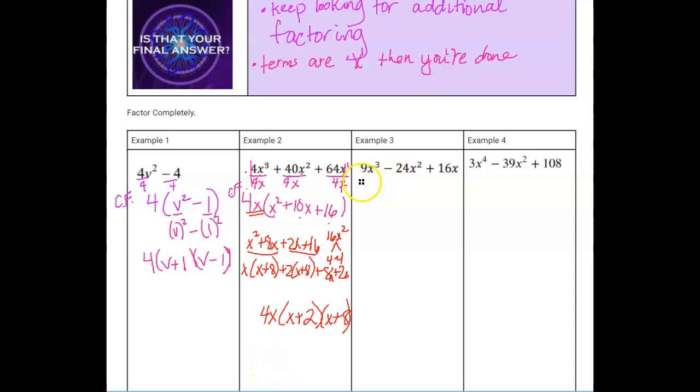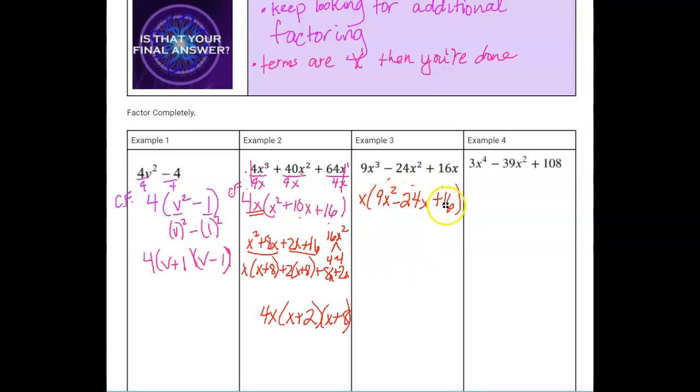All right. Example 3, if you want to see some further, 9 divides by 3, but 16 does not. So there's no number in common, but they all do have an x. So we'll take that out by dividing it. And then 1, 2, 3, so we have trinomial.